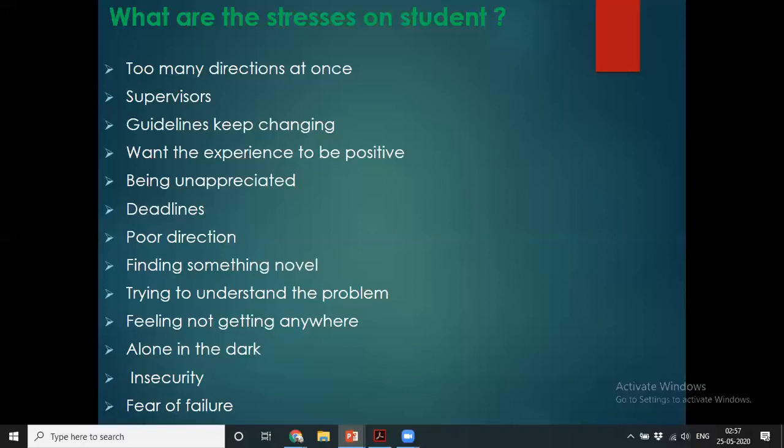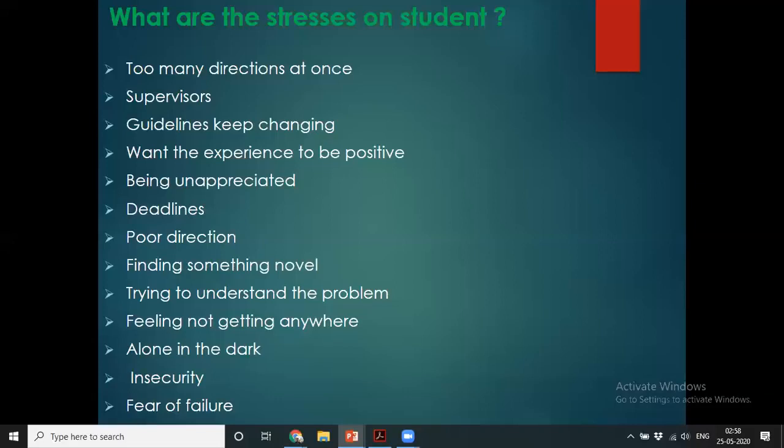Then trying to understand the problem. I'm giving an example of something that happens to students. Sometimes people choose a topic outside their interest, due to some different reason or constraint, and they choose a topic from some other research area which is not their area of interest.